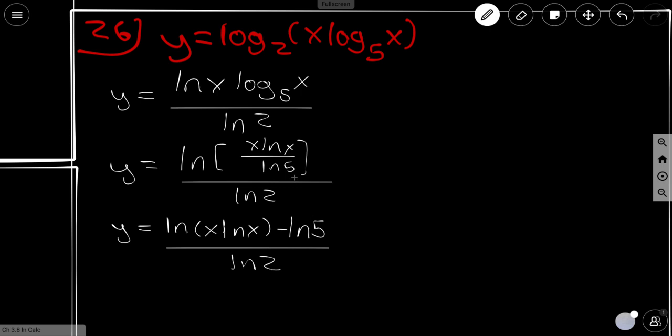I just did like 4 rules back to back to back to back.